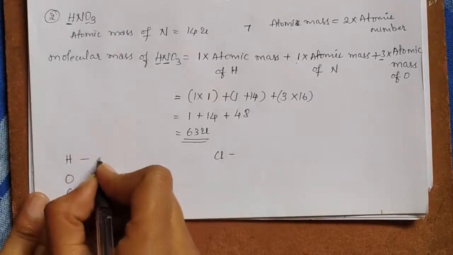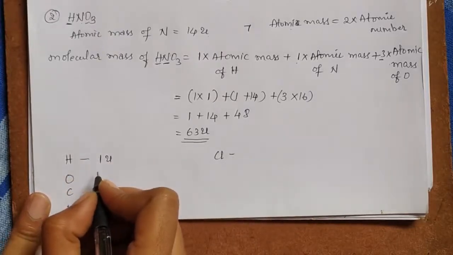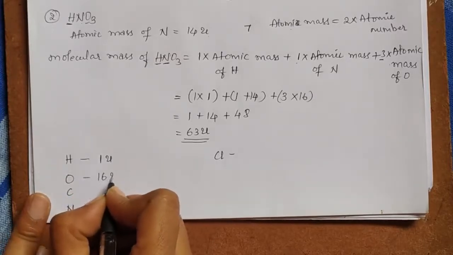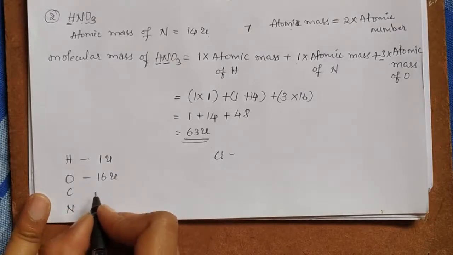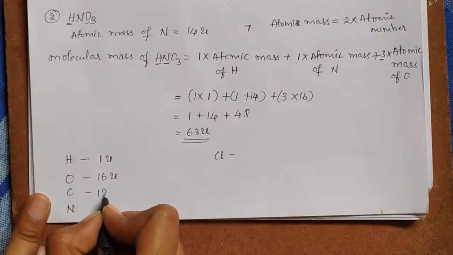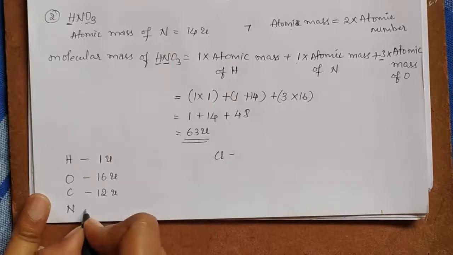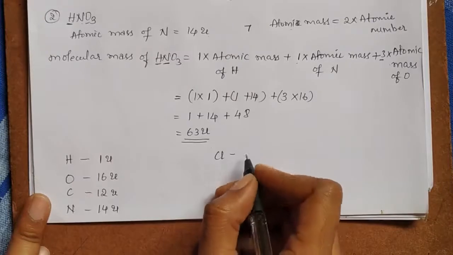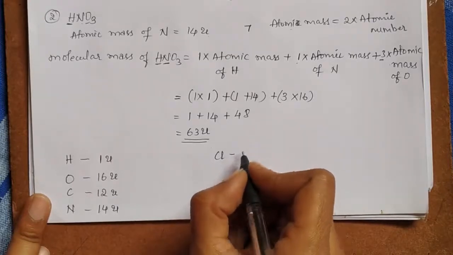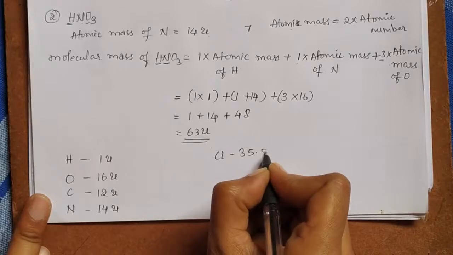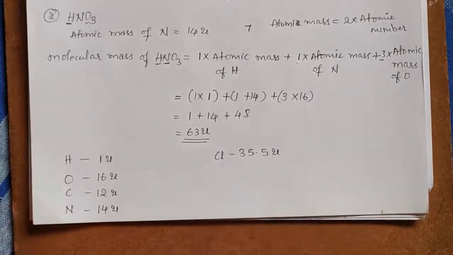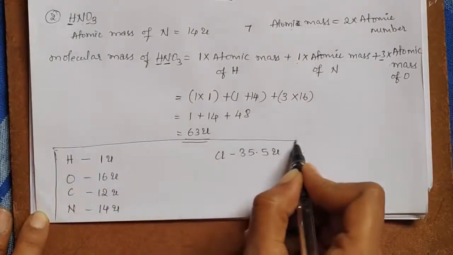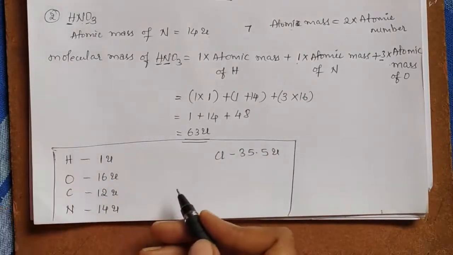Atomic mass of hydrogen is 1 atomic mass unit, oxygen is 16 atomic mass unit, carbon is 12 atomic mass unit, nitrogen is 14 atomic mass unit, and chlorine is 35.5 atomic mass unit. So try to remember the atomic mass of these 5 elements.